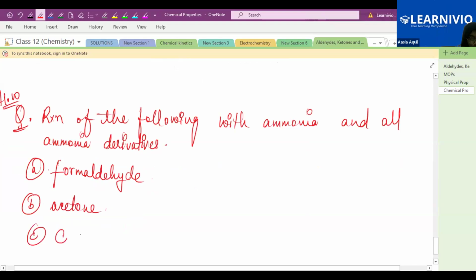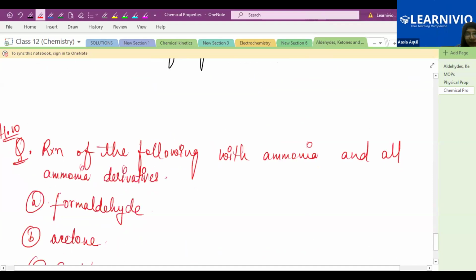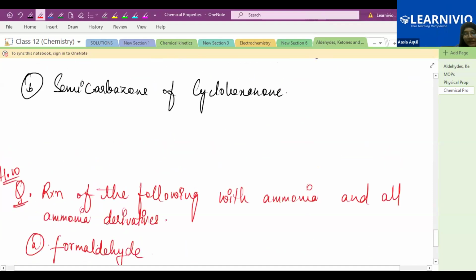And the third one is cyclohexanone. I have only discussed one thing, cyclohexanone with semicarbazide, but you have to write down the reaction with all the reagents. हाइड्रोजीन के साथ भी रिएक्ट कराना है, अमोनिया के साथ भी रिएक्ट कराना है. 2,4-dinitrophenyl hydrazine, each and every reagent के साथ रिएक्ट करा के you have to write down the product. Clear, Aisha?